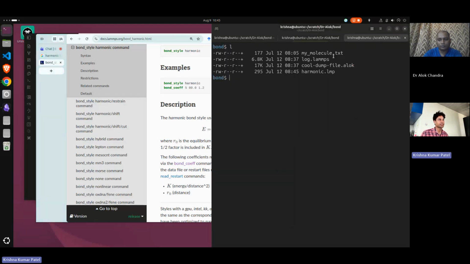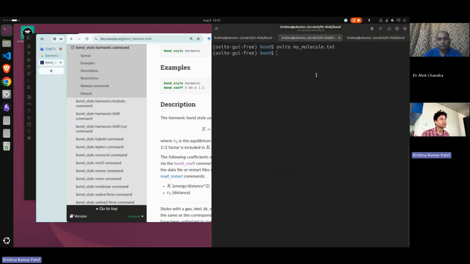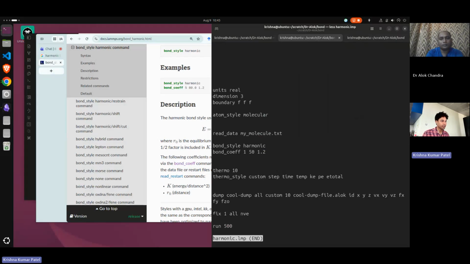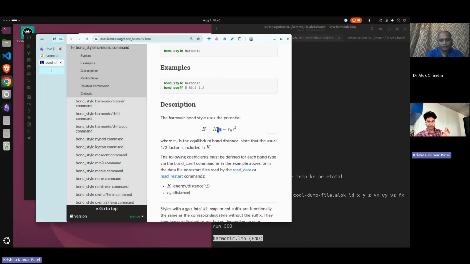Let us see what we have specified. We'll go to the harmonic LAMMPS file, and you can see the equilibrium bond length that we have specified is 1.2. So the R value comes from your frame by calculating the Euclidean distance. The distance changes, so R changes.